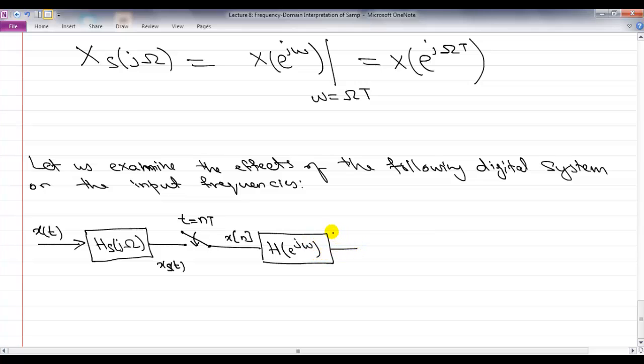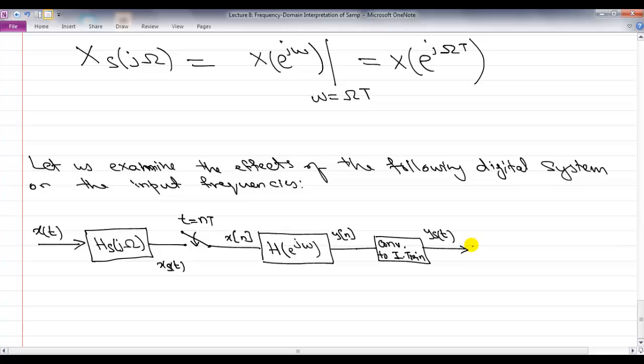The output of that, let's call yn. Now, once you have done the processing, you typically want to convert it back into a continuous time system. So we convert that to impulse train. We get ys of t.